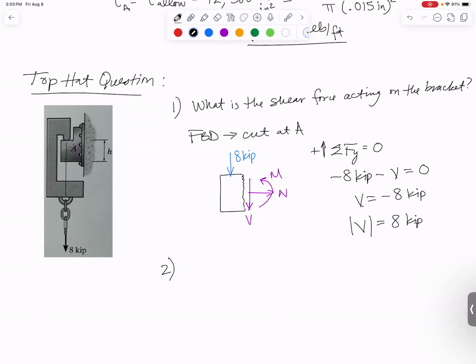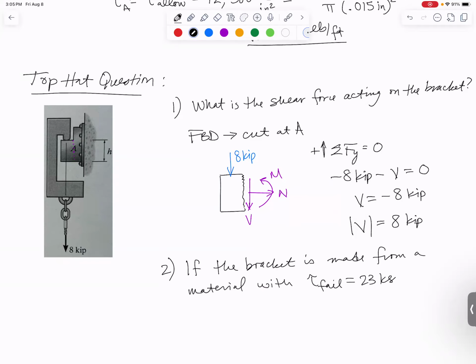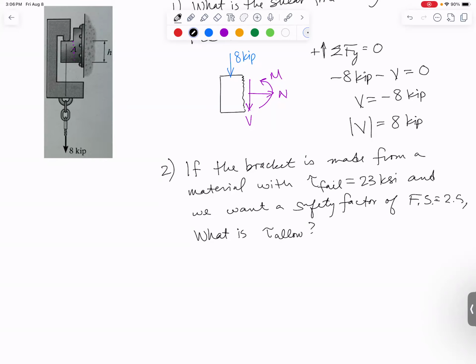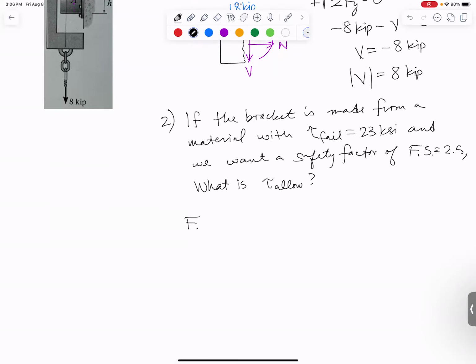Next question. If the bracket is made from a material with a failure stress, tau fail, of 23 ksi, and we want a safety factor of 2.5, what is tau allow? All right, this is going to test us on that safety factor definition right at the very beginning of class. Factor of safety, the equation is tau fail over tau allow.